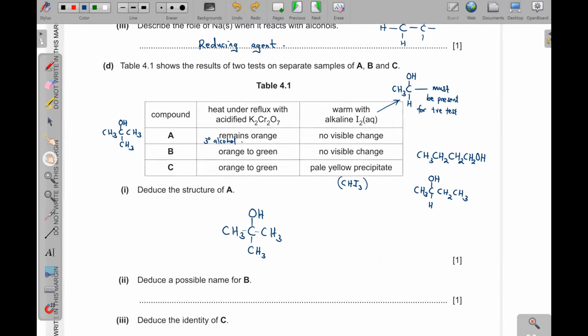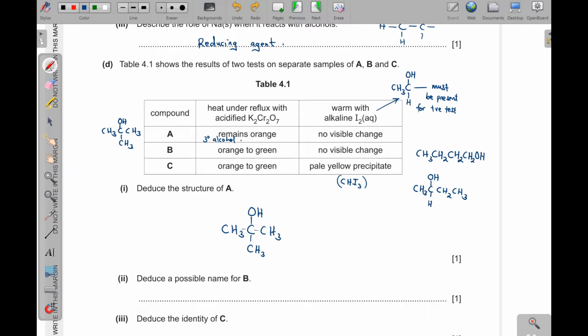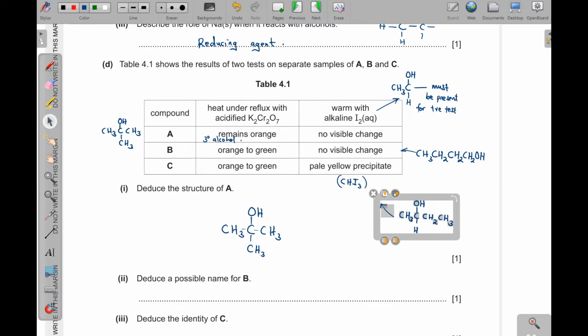Now let's continue. What are they saying? So this one might belong here, and then this one here. Another one, let's say this one can belong to C, okay? This one can be C. And then this one, I can take this CH3 here, and then I take it here.